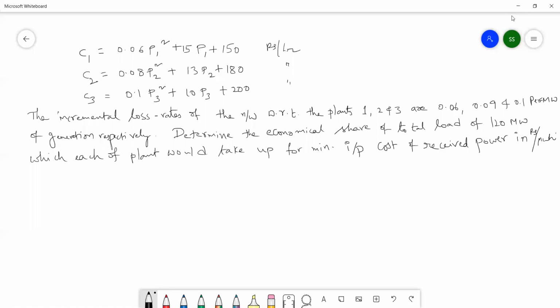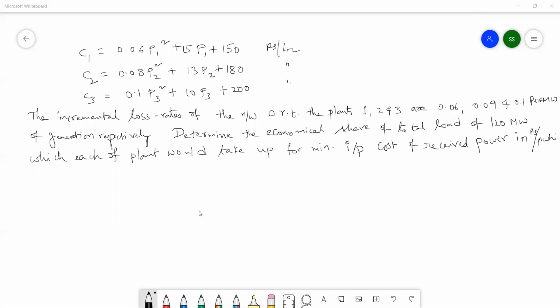So once check the problem, I will repeat once again. The equations of the input cost of 3 power plants are C1 equal to 0.06 P1 square plus 15 P1 plus 150, C2 equal to 0.08 P2 square plus 13 P2 plus 180, and C3 equal to 0.1 P3 square plus 10 P3 plus 200.